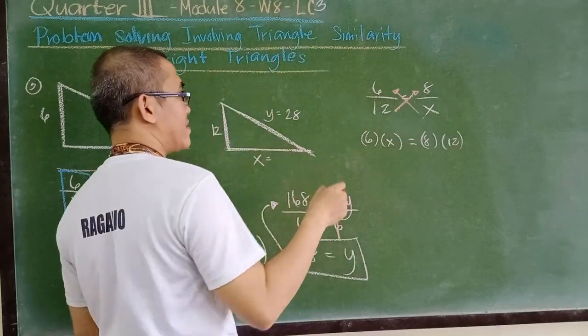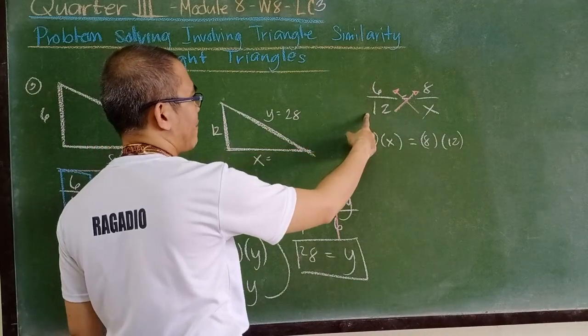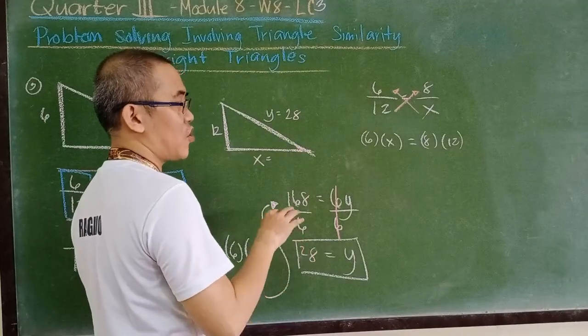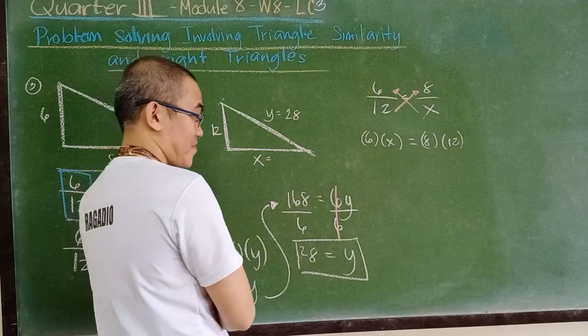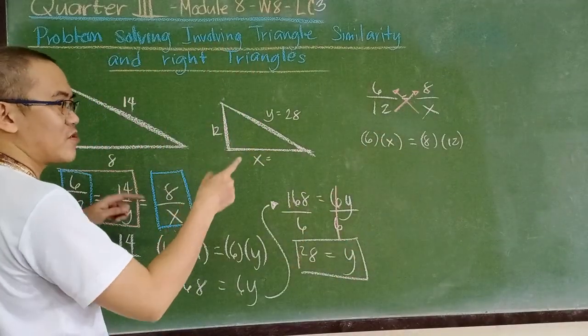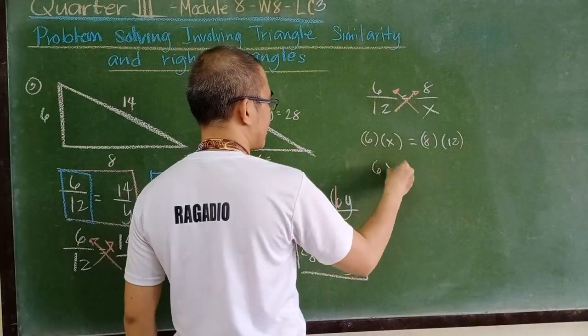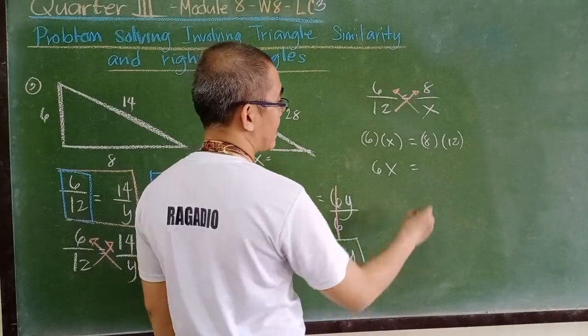Doon sa may module natin, kinukuha niya yung lowest term ng 6 over 12, which is 1/2, kasi mas maliit yung number niyo. So in this case, hindi muna natin gagawin yung lowest term, kasi some of you hindi pa alam paano gawin yun. So diretso lang muna tayo kung ano yung mga numbers na nakikita natin dito, yung solve natin ng directly. So 6 times x, that is 6x. 8 times 12, that is 80 plus 16, 96.